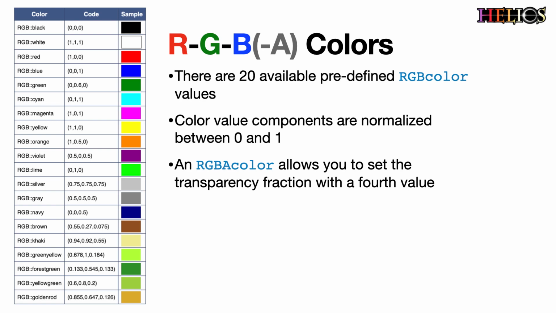You can also make any custom RGBA color or RGB color just by using the make_RGB color function or by using its constructor to initialize its values to anything that you want. The important thing to note about the convention used in Helios is that components are normalized between 0 and 1 instead of being between 0 and 255.